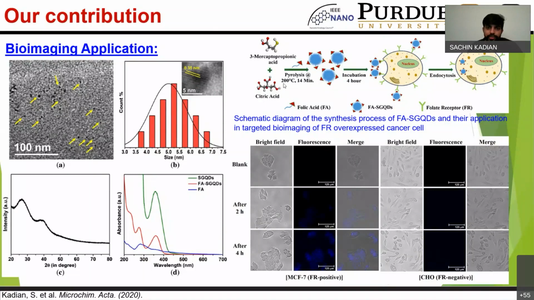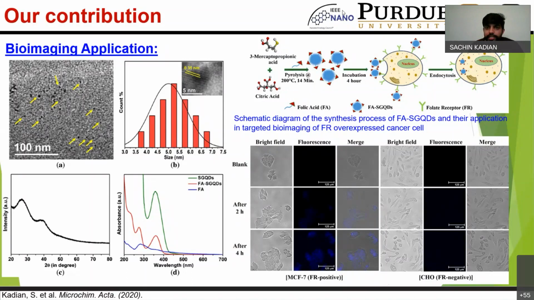We controlled our reaction and stopped the reaction in between, and we came to know that few of the folic acid were structured in the GQD, and few were outside the GQD structure.